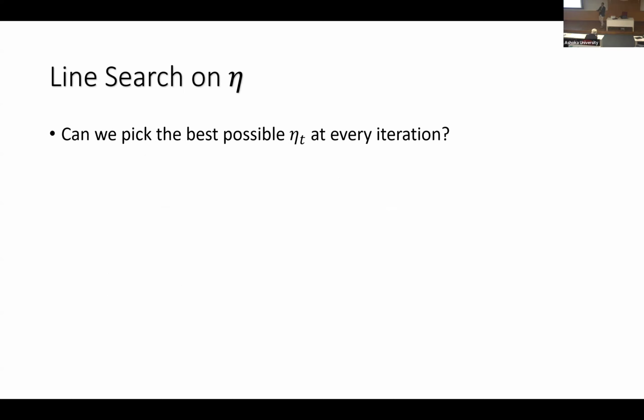Then next time I do that again. So your complexity increases, because at each iteration you need to search over different values of eta. But it could reduce the number of iterations significantly and prevent oscillations.